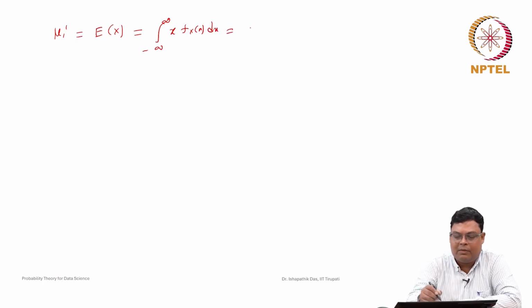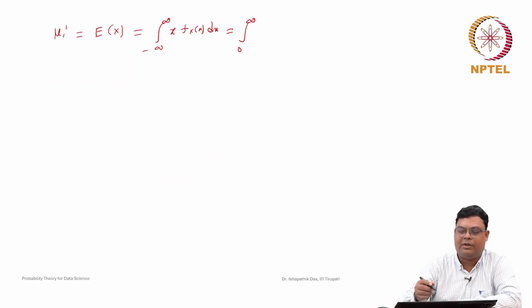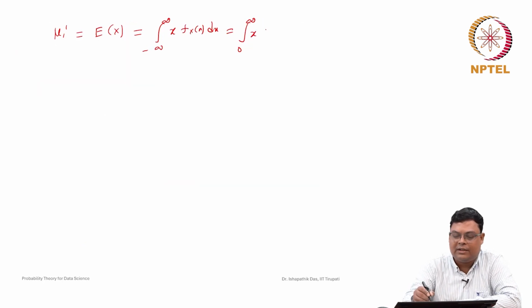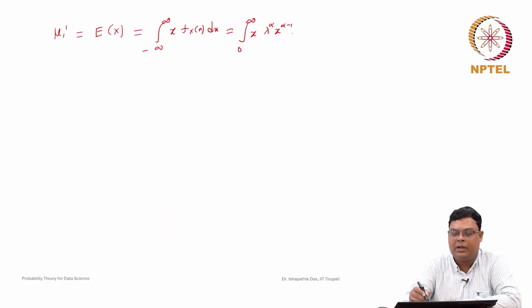Now, this is non-zero only when x is from 0 to infinity, otherwise it is 0. So, f_X(x) is lambda to the power alpha x to the power alpha minus 1 e to the power of minus lambda x by gamma alpha, and then dx.